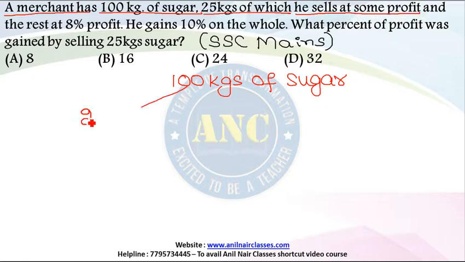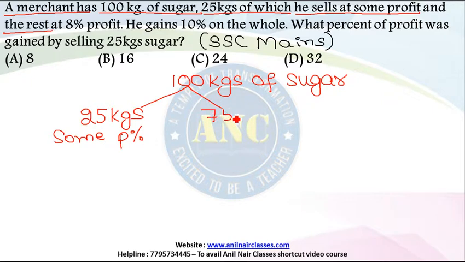Out of 100 kgs, 25 kgs is sold at some profit percentage. I don't know how much profit percentage he is selling the 25 kgs, and the rest, out of 100, if 25 is gone, remaining is 75 kgs, and the remaining 75 kgs at 8% profit percentage. Remaining 75 kgs he is selling at 8% profit.